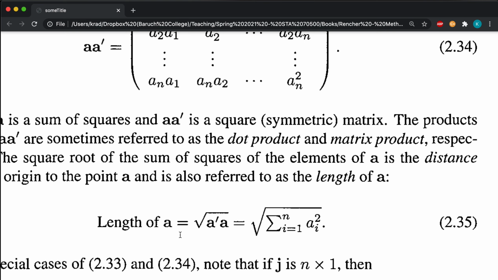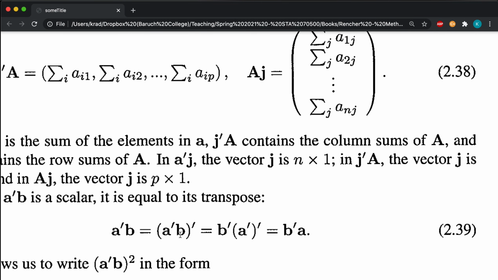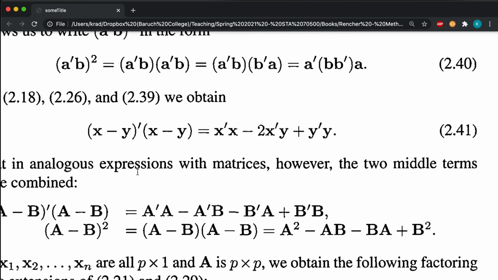Now here we have X minus Y transpose X minus Y. What is that? That's the square of the length of the difference of these two vectors.